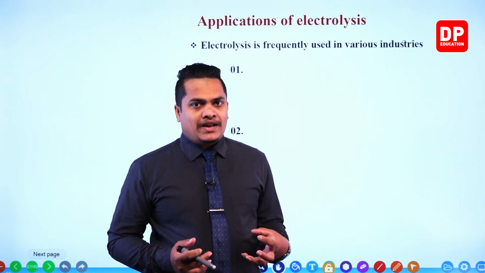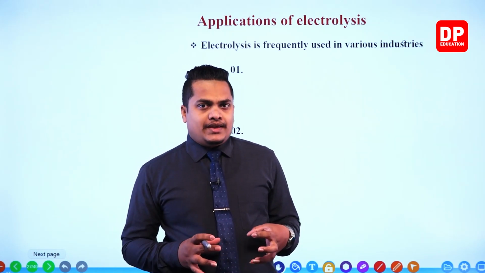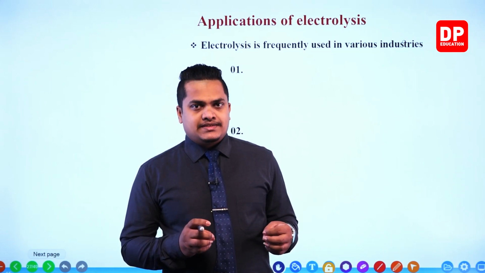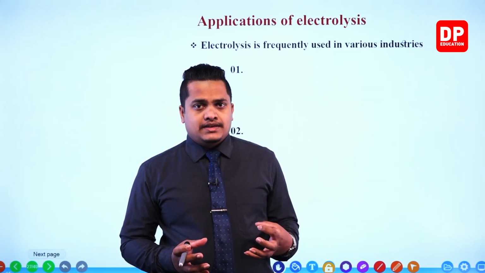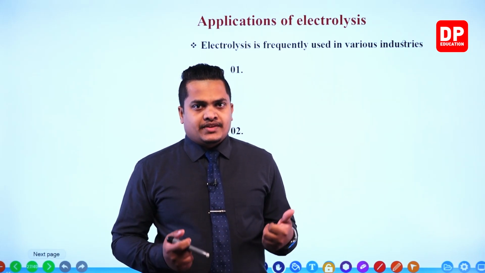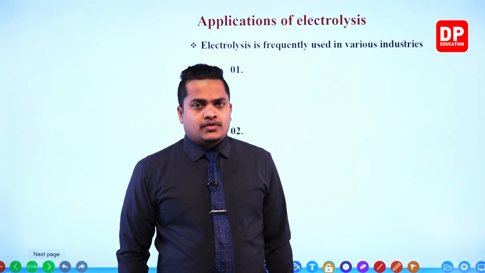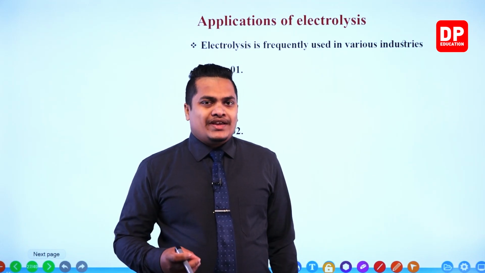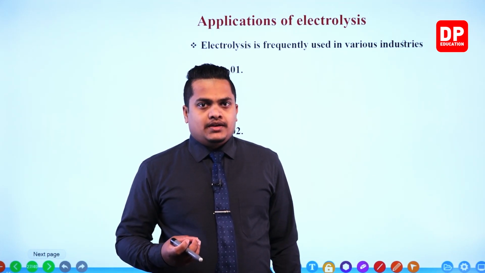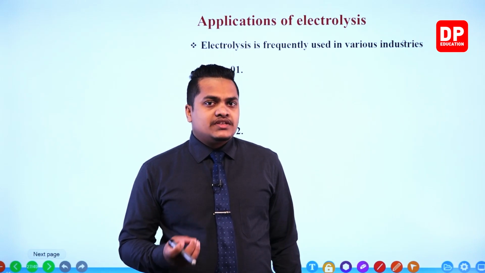We use electroplating in order to make different kinds of materials like necklaces, statues, medals, trophies, and so on. You know that it's very expensive to buy 100% gold stuff.